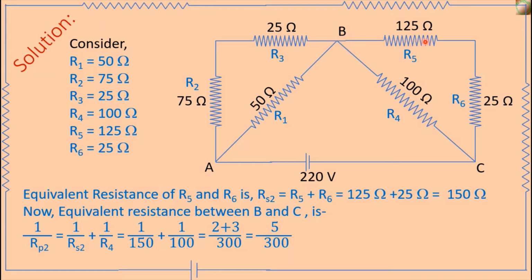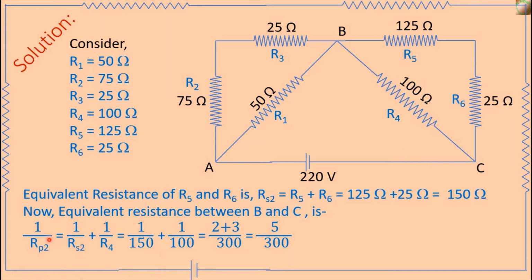One part is along R5 and R6 and another part is through the R4 resistance, and these two currents will meet at point C and again produce current I.